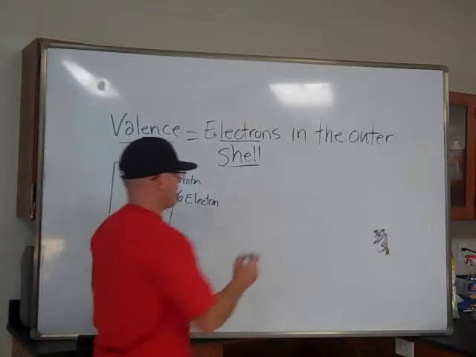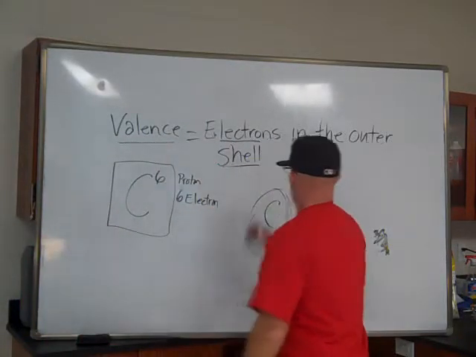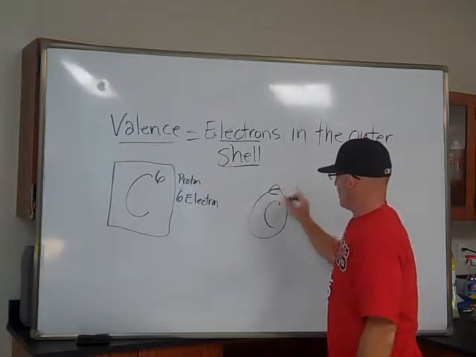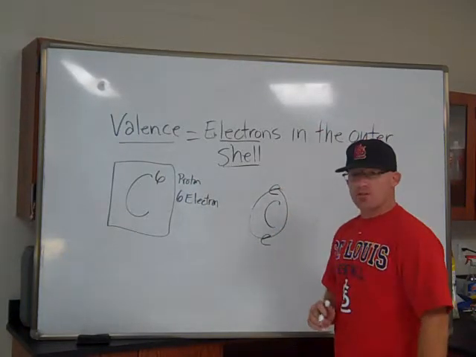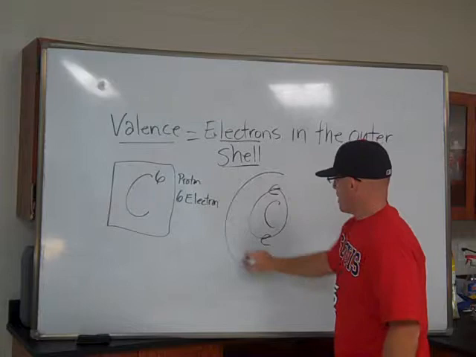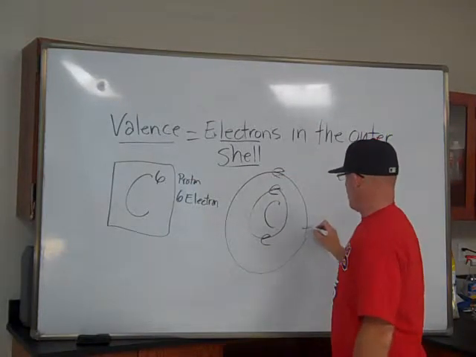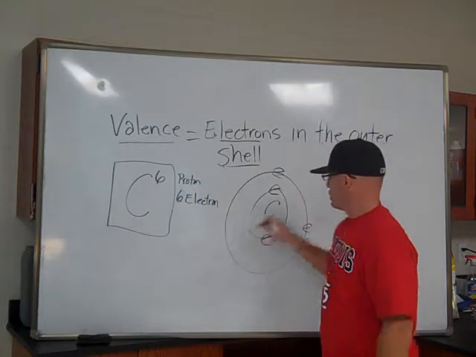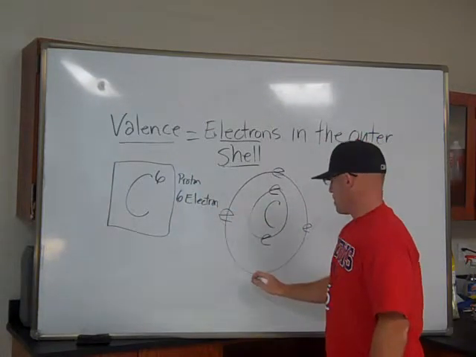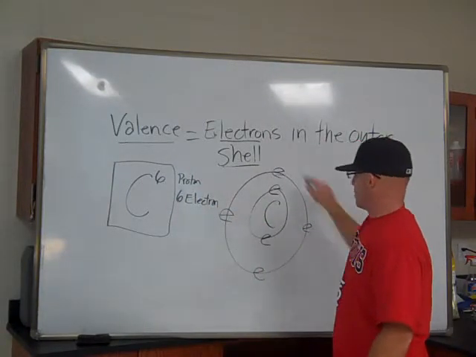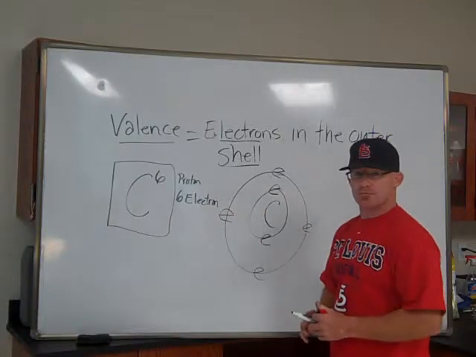Remember, carbon, in its first shell, can hold 2 electrons, and then that shell's full. So it has to move on to the second shell. And how many do we have left over? Well, we had 6 total. 2 are in the first shell. So carbon has 4 valence electrons in that second shell.